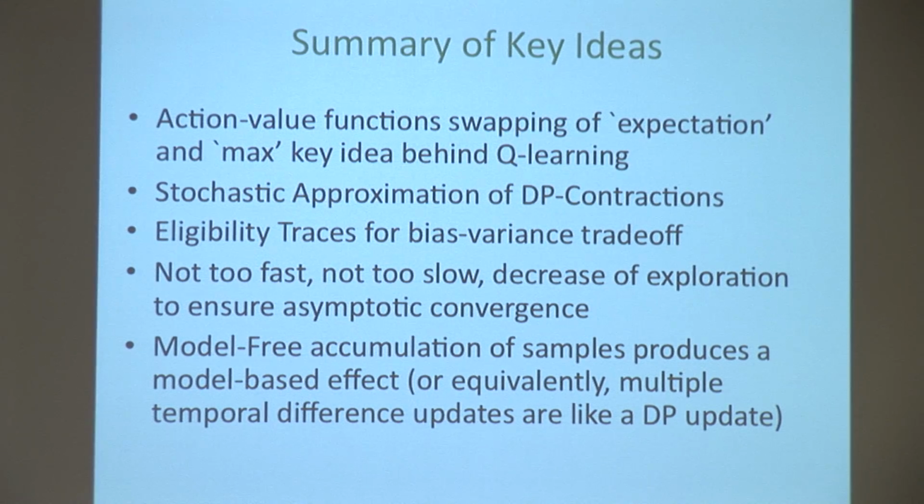Which of the three is it addressing? Come on. Delayed reward. Yes. Temporal credit assignment. It's not addressing exploration-exploitation. Okay. So TD was the idea, and TD lambda, eligibility traces more generally, is the idea for addressing delayed reward within reinforcement learning.